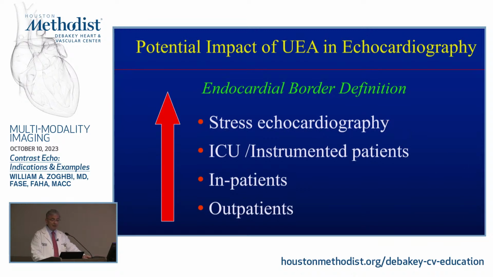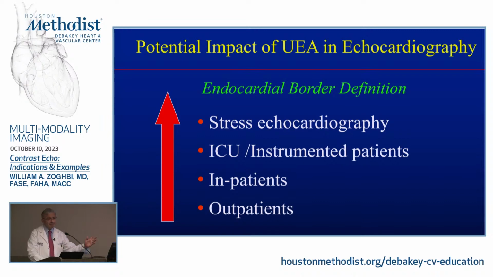Stress echo, it really depends, but we know in stress echo, no matter what you do, exercise, dobutamine, etc., image quality goes down during stress compared to baseline. So if the baseline is borderline to you, not pristine, you may want to err on the right side and do it. And yes, it's not an approved indication, but I think people use it.